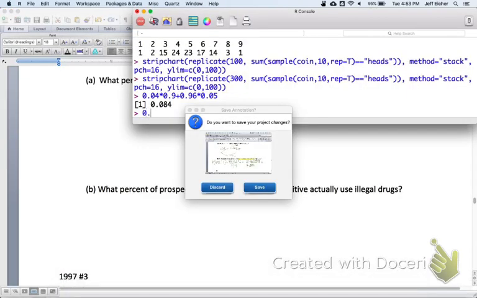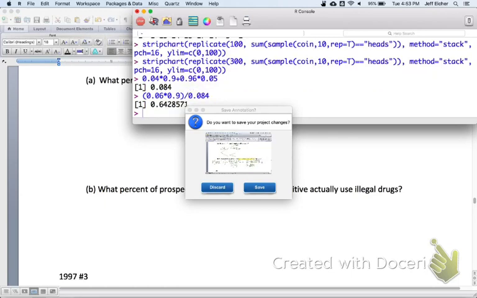So that was 0.06 times 0.9, I believe, divided by 0.084. And I got 64%. 0.64 probability. So given they test positive, what's the probability they actually use illegal drugs?